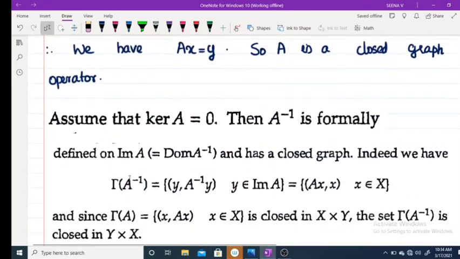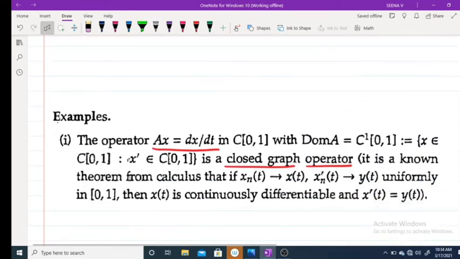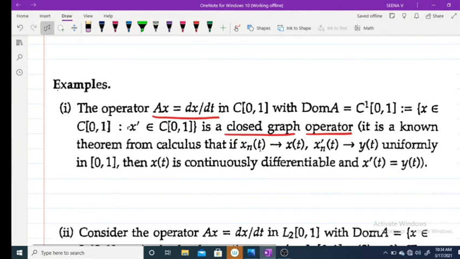Here we have one theorem: if xn(t) converges to x(t) and xn dash(t) converges to y(t) uniformly, then x(t) is continuously differentiable and x dash(t) equal to y(t). Here xn converges to some x, and xn dash(t) is Axn, since Axn is dxn by dt.